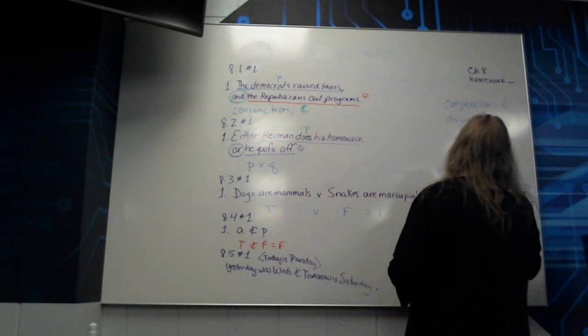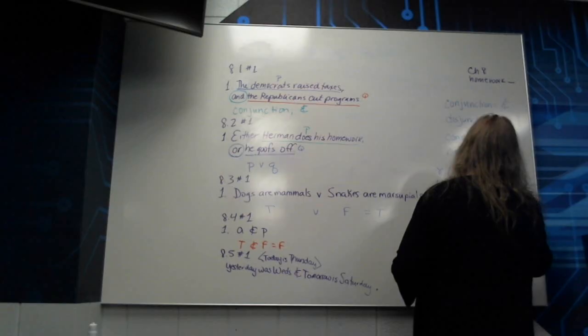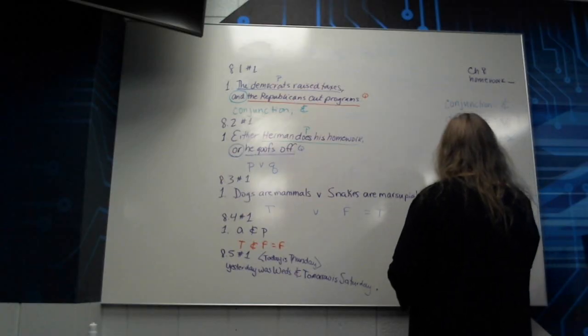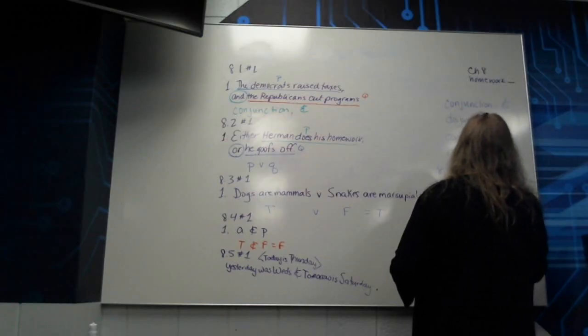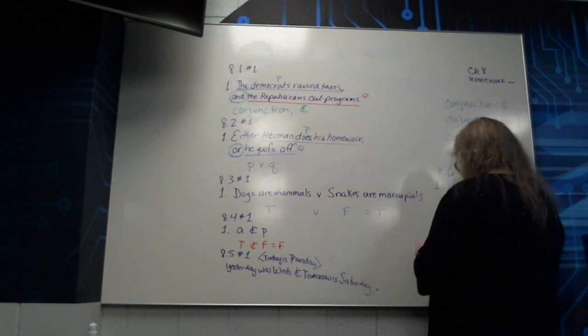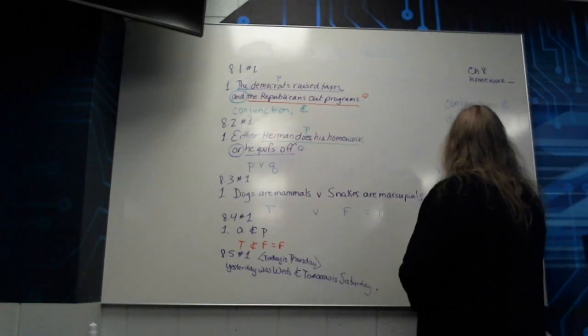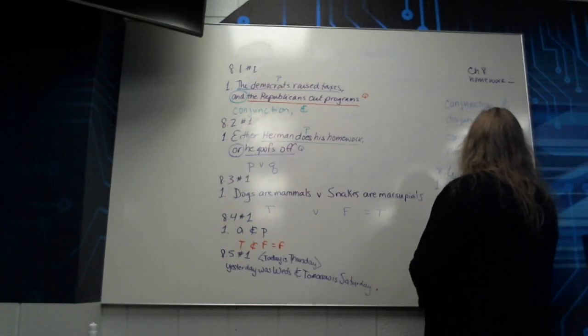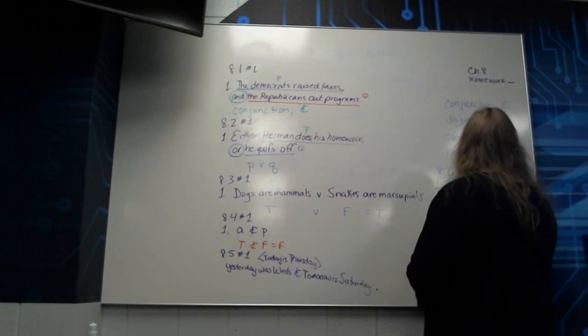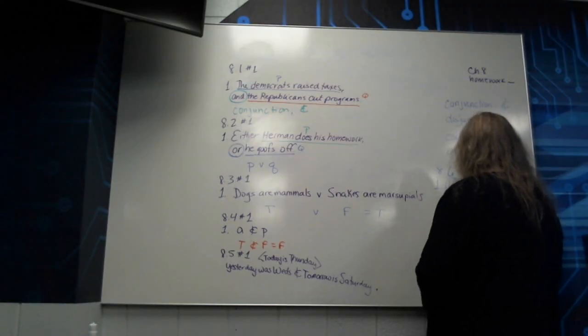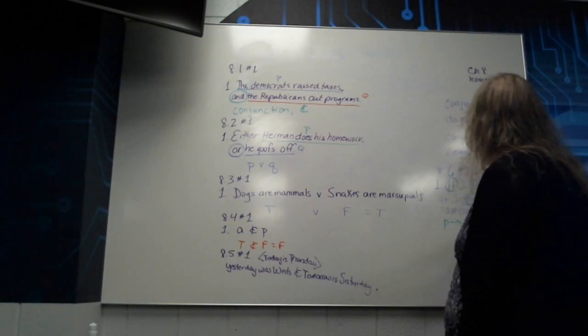If Joshua fought the battle of Jericho, the walls must have come tumbling down. So I have an if, and here's my then. Okay, so if P, then Q. We're going to write it this way, P arrow Q. Okay, so that's how we do those.